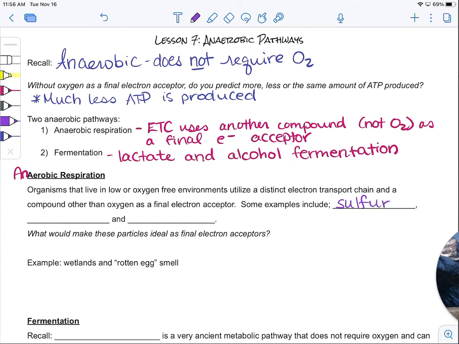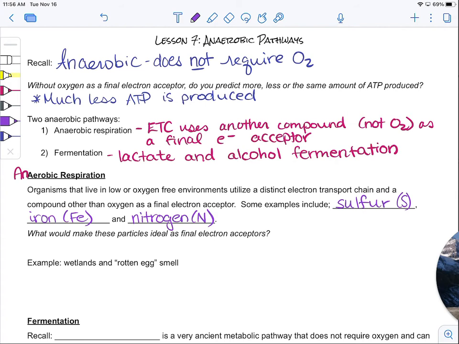We also see other organisms might use, maybe I'll put the chemical formula there, iron, Fe, and others might use nitrogen for that.